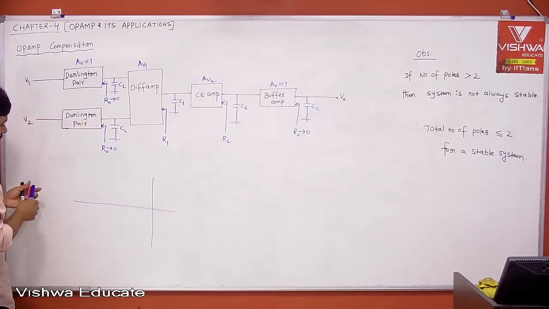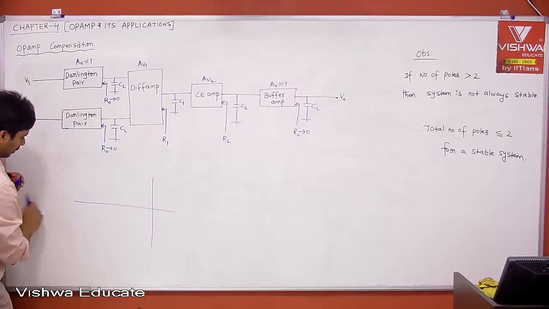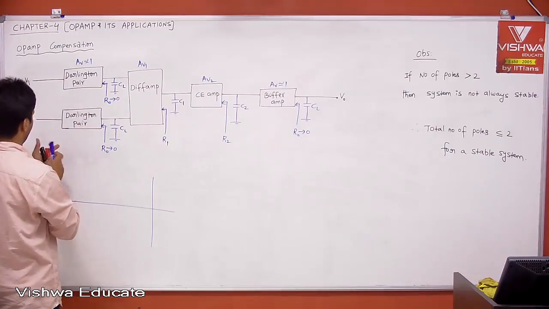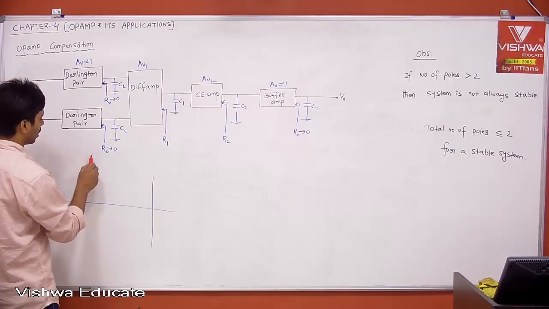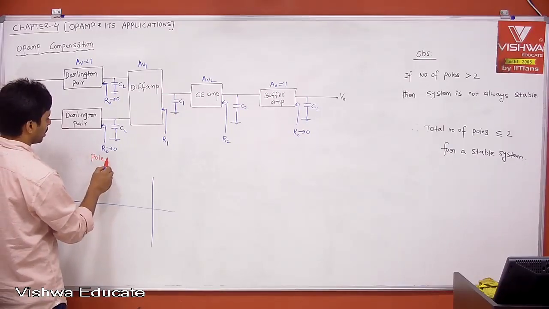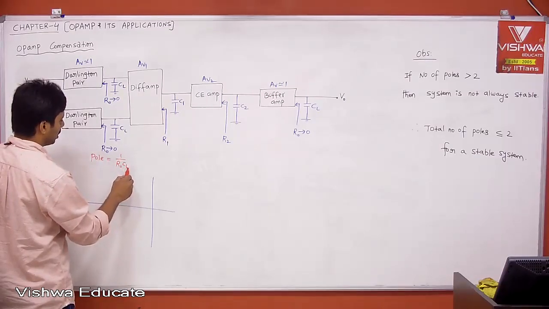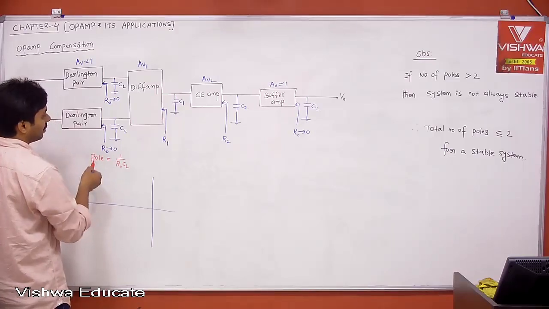Because R0 is very small, what is the pole here? The pole is nothing but 1 by R0 into CL. Because R0 is very small, your pole is at infinity.